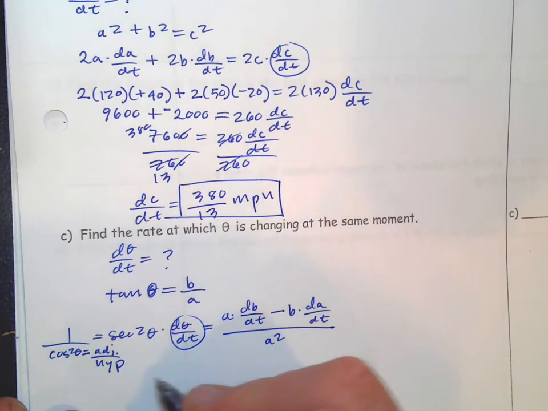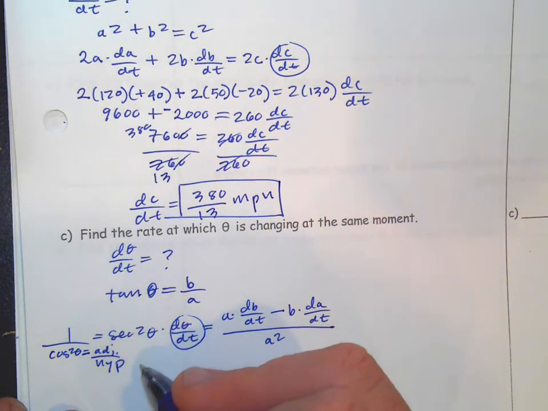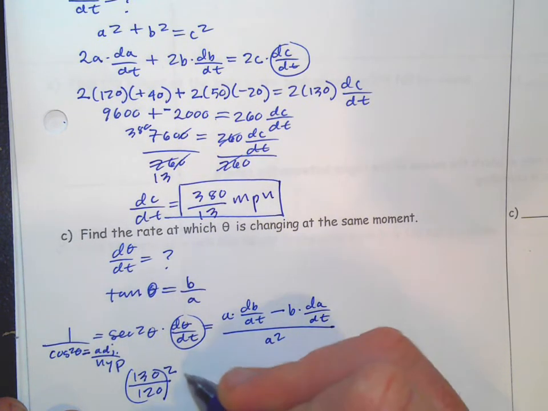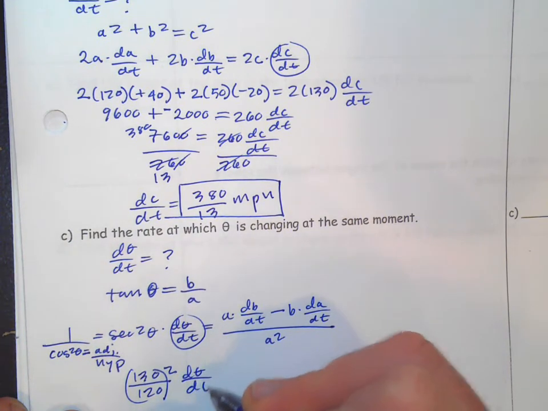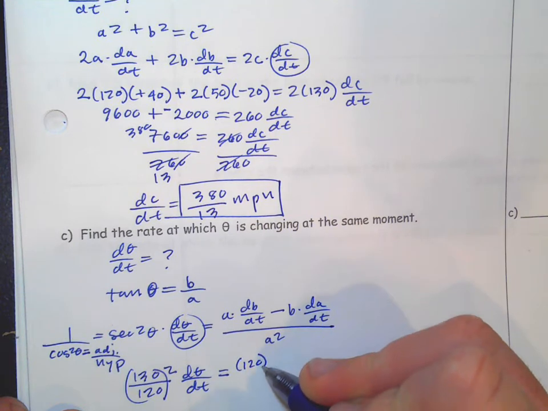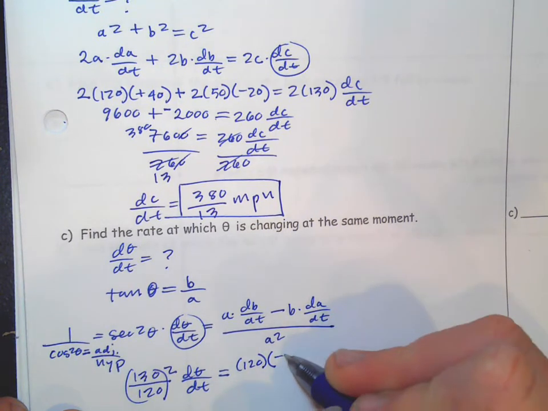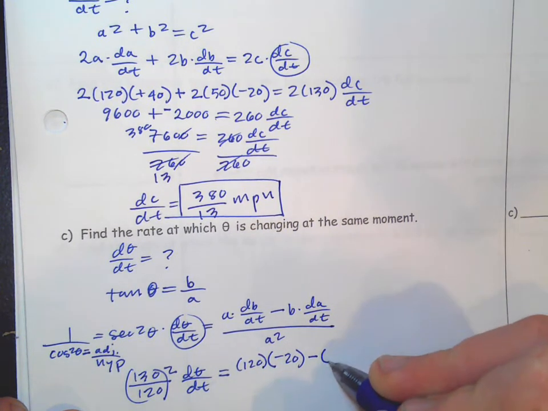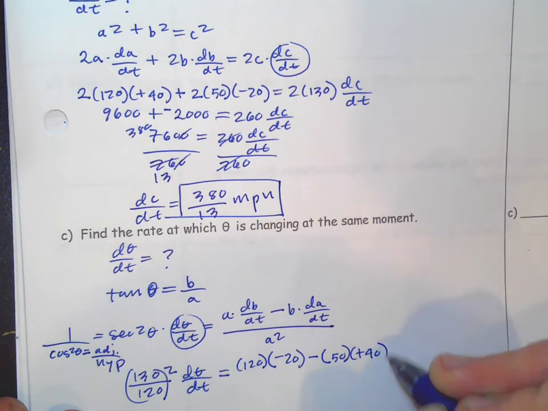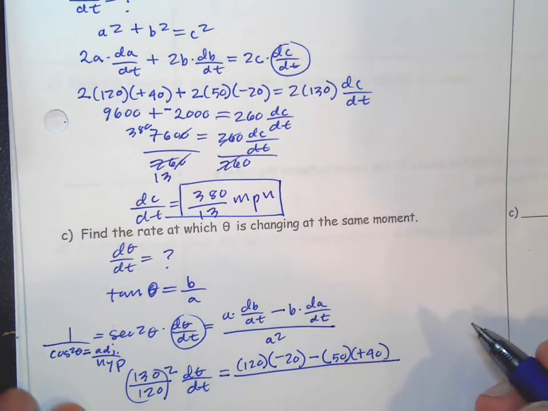So this is the hypotenuse ends up on top, so that's the C value. So that's 130 over the adjacent side was 120 squared. A is 120, dB/dt is negative 20, minus B is 50, dA/dt is positive 40. So we can get a negative answer.